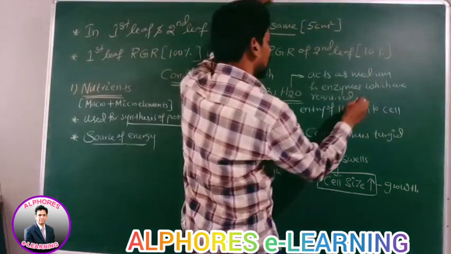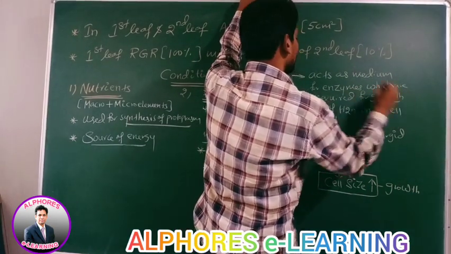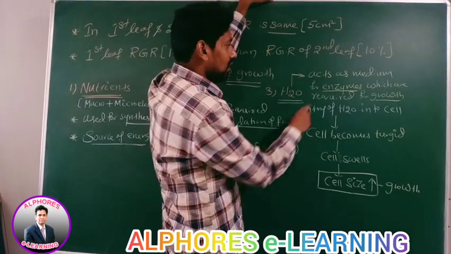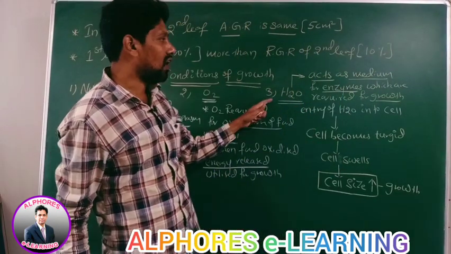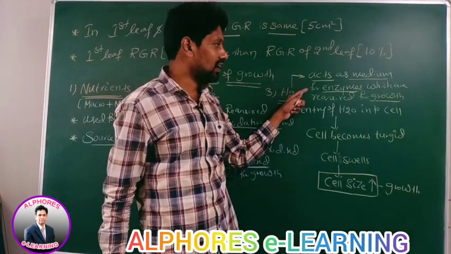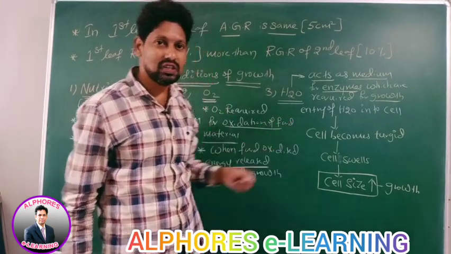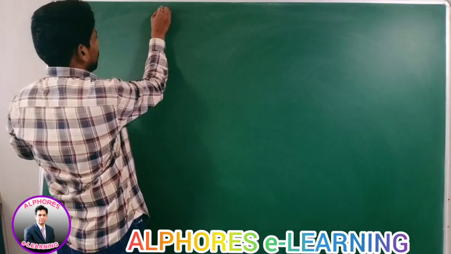For those enzymes, water acts as what? Medium. Therefore, water acts as a medium for enzymes which are required for growth. Is this statement okay? Right? Conditions of growth, or conditions for growth.